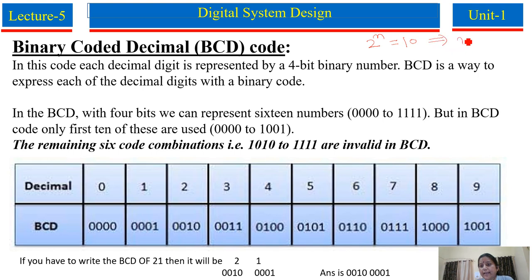So n is near about 3 point something, but n is always an integer because n is the number of bits. So here n is nearly equal to 4, so we consider n equal to 4.